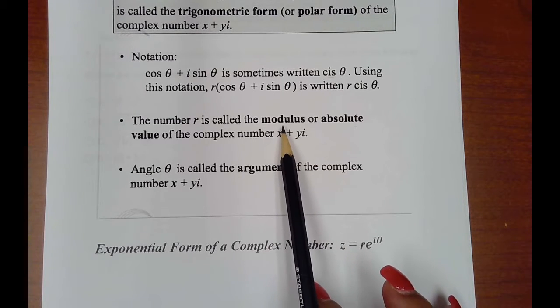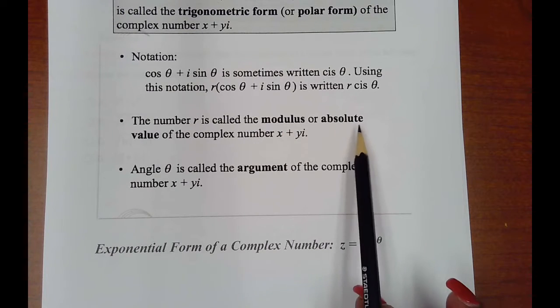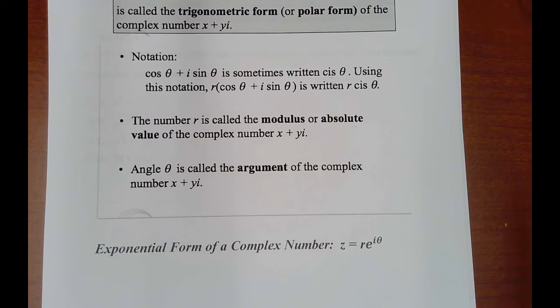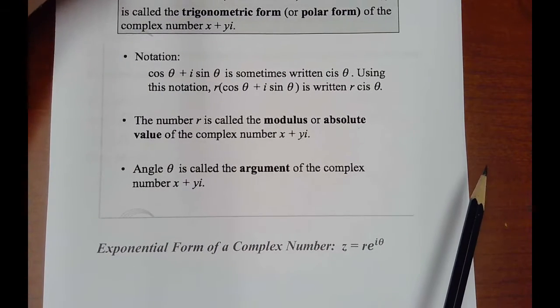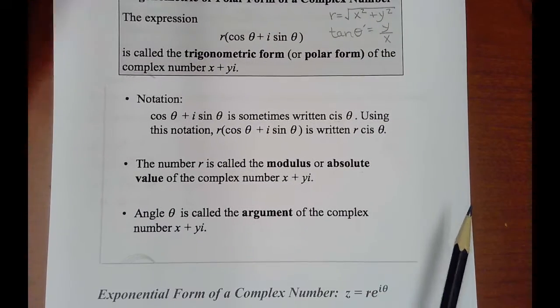You have been calling it the hypotenuse, the r value. Now it just takes on a new name. And here it's called either the modulus or the absolute value. Theta, we have always called it the argument, and it is called the argument here, the theta that you find by using tan theta is equal to y over x.